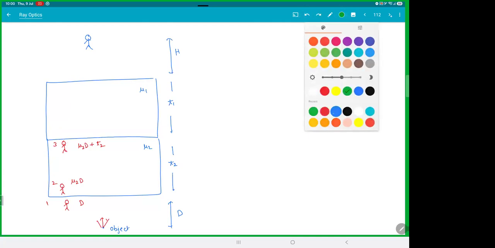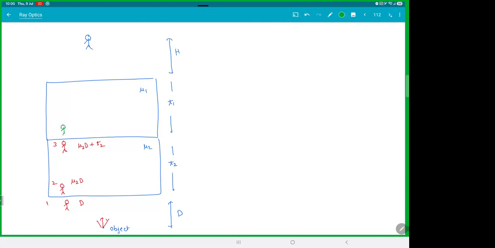Now, if you go to observer 4, there's again a refraction. Again, the formula: mu2 D. So when you go from 3 to 4, this is what they will say: mu2 D plus t2, divided by mu of the object. Where is the object? It is in the medium mu2. If you ask observer 3, where is the object?